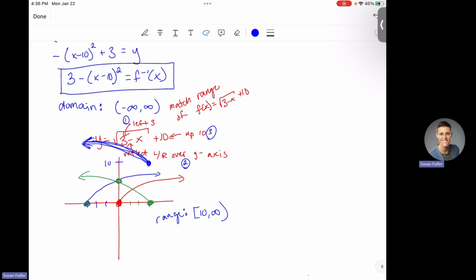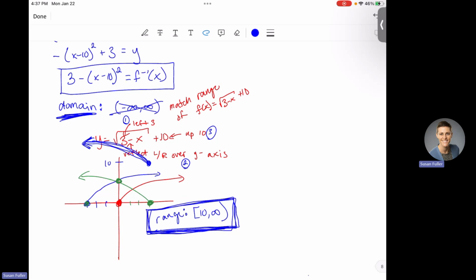And so what that means is that my range goes from 10 to infinity. The domain of my inverse needs to match the range of my original. So if you apply your domain rules and it's different than the range of your original graph, you need to discard what the domain rules tell you, and it needs to match your range.